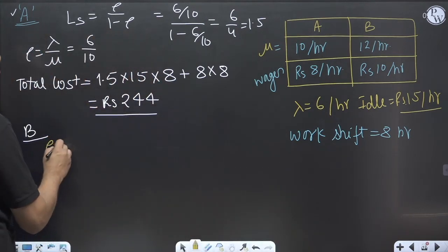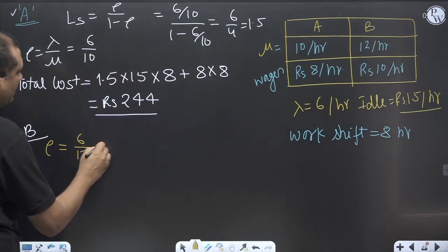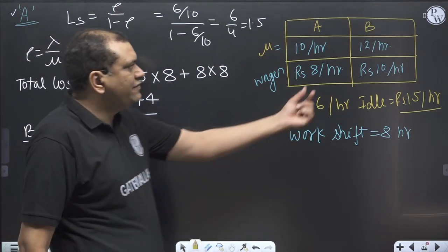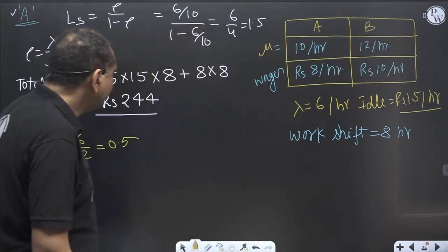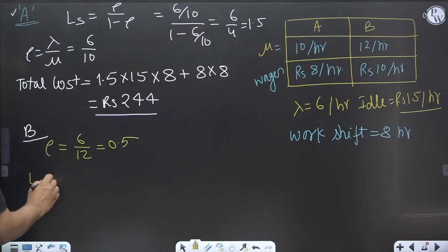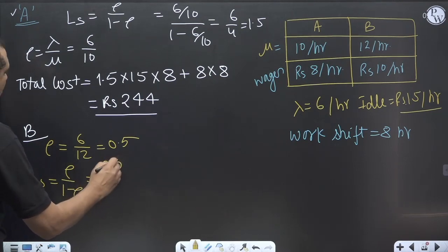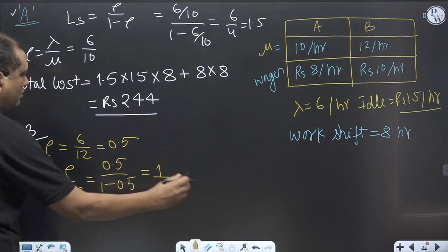So now rho is 6 divided by mu is 12, because repairman B has a slightly higher service rate. LS is nothing but rho divided by 1 minus rho: 0.5 divided by 1 minus 0.5 comes out to be 1.